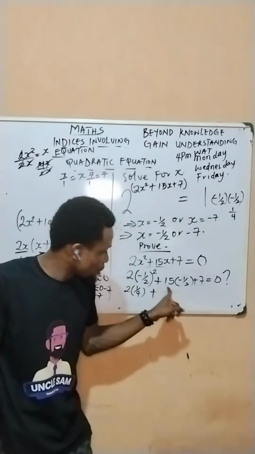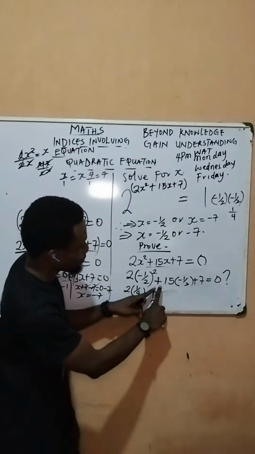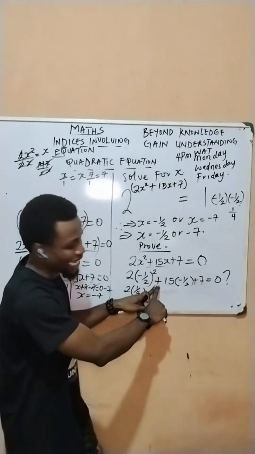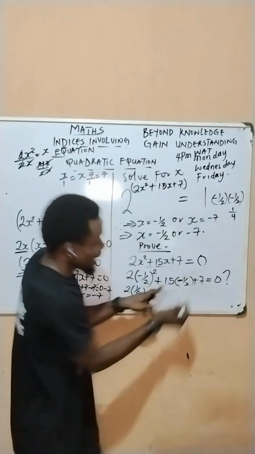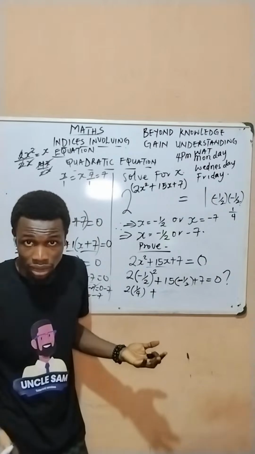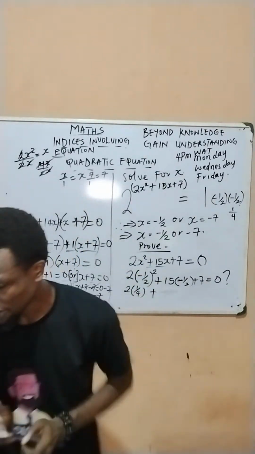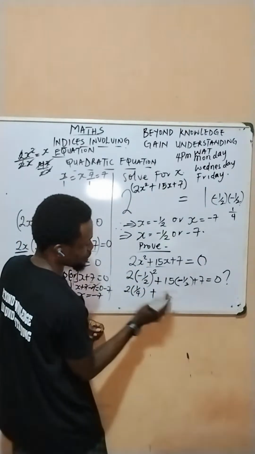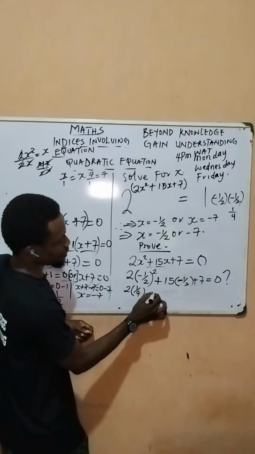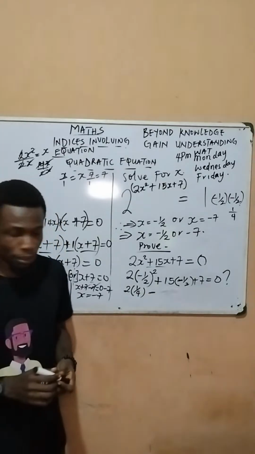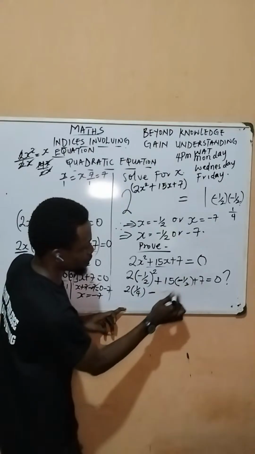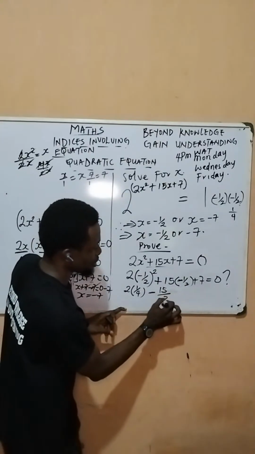So since this sign belongs to 15, it's more like saying this plus sign multiplied by this minus that the 1/2 has, in order to simplify. So plus times minus is going to give you minus. So that means the entire thing we're going to have here is now a minus, no more a plus. And then if you use 15 to multiply 1/2, it's going to give you 15/2.